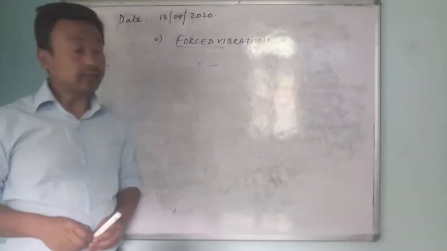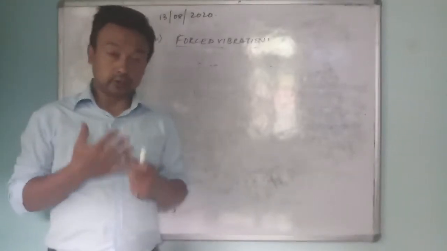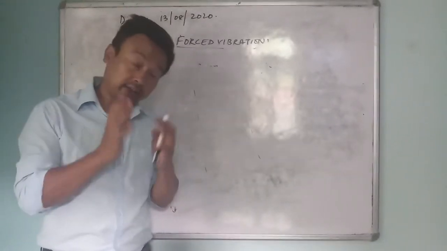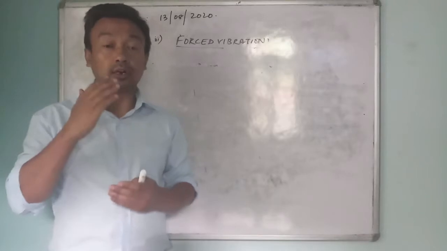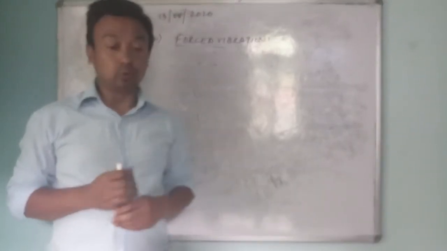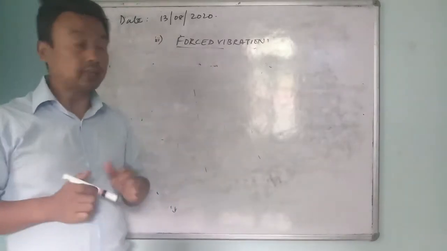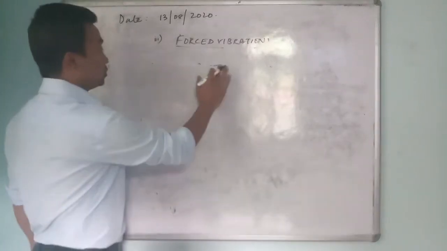Okay, so in forced vibrations, the vibrations of a body take place under the influence of some external periodic force. When it acts under the influence of some external periodic force, then that type of vibration is called forced vibration.